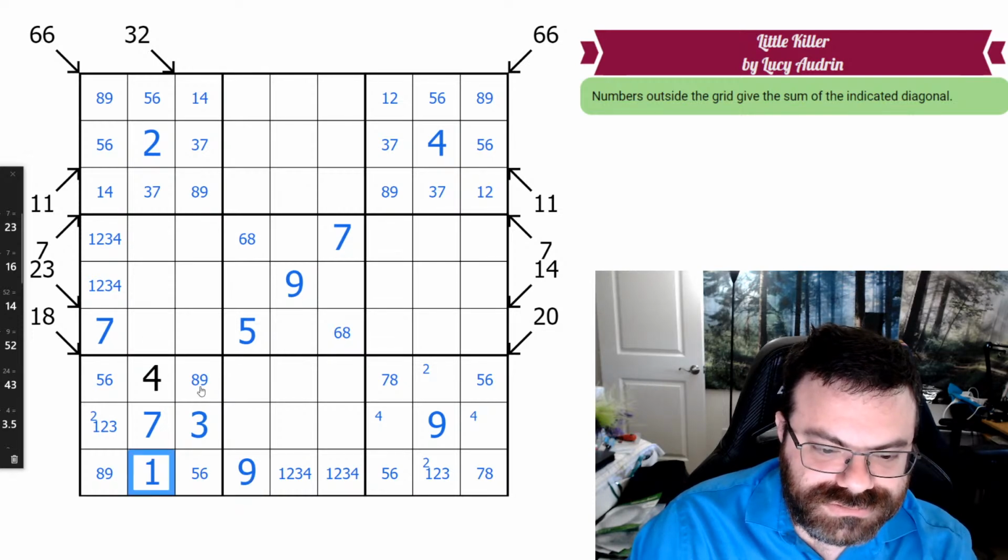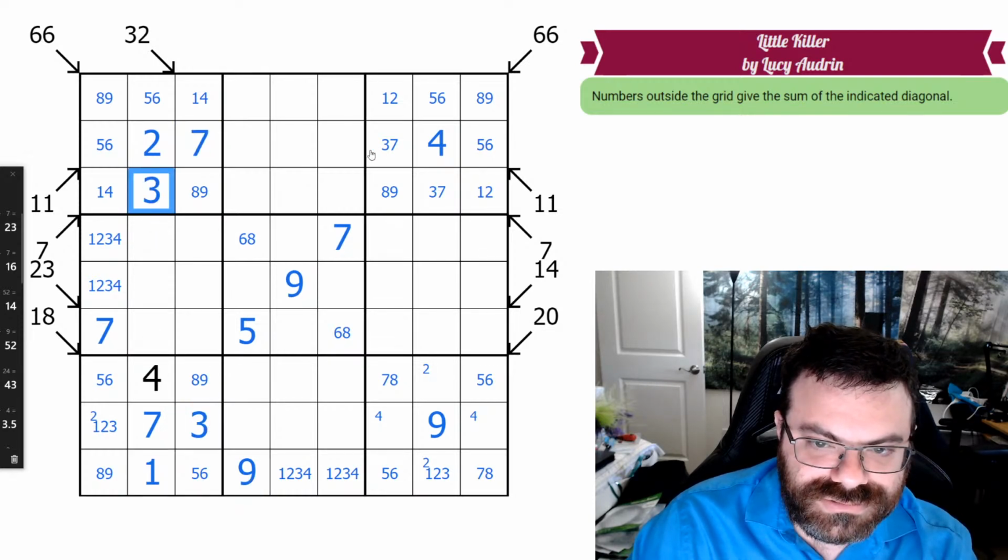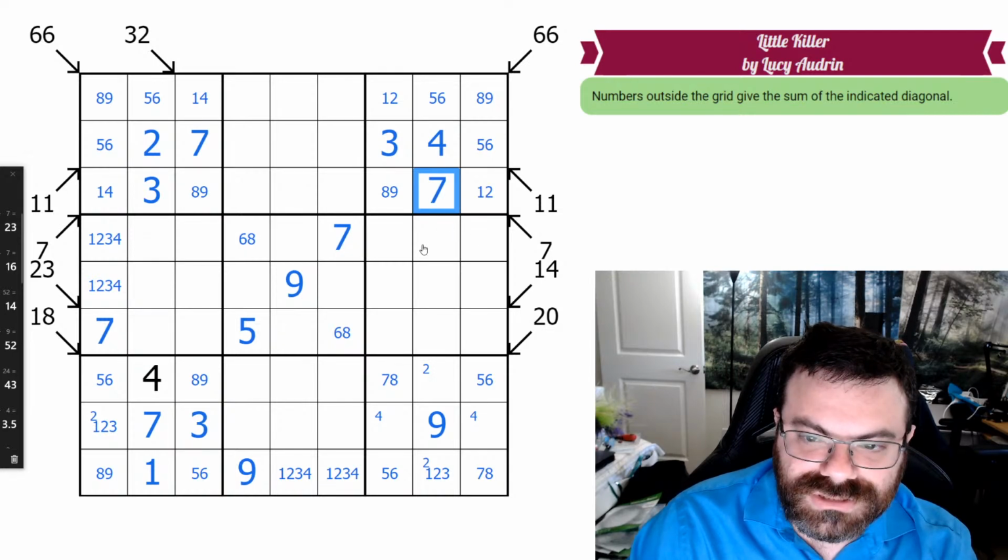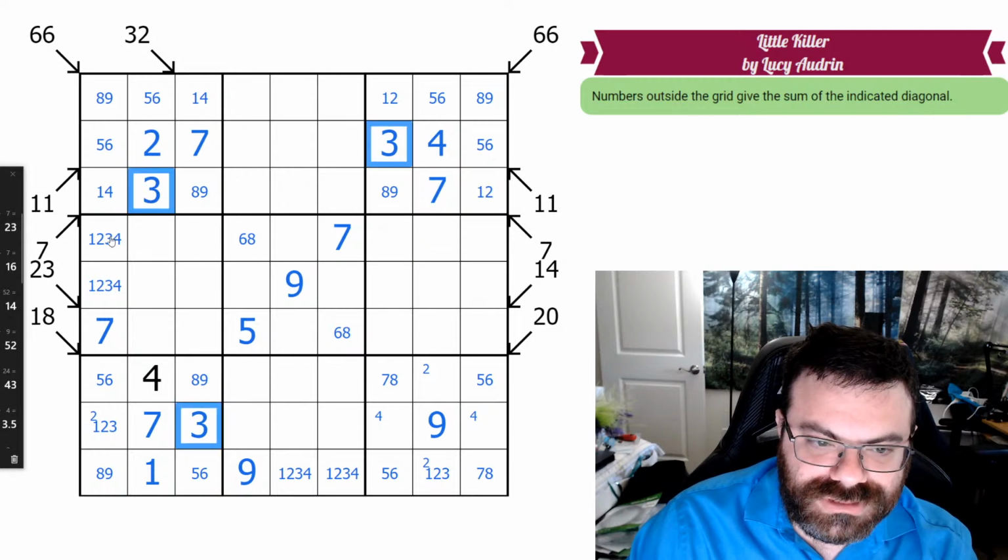So that's a 1. 7, 3, 3, 7. One of these two is a 3. This is not 3. These two is a 3.